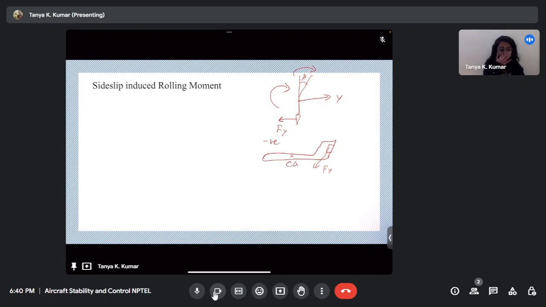Why does it produce a rolling moment? The force Fy, why does it produce a rolling moment? We understood why it produces a yawing moment. Why does it produce a rolling moment?